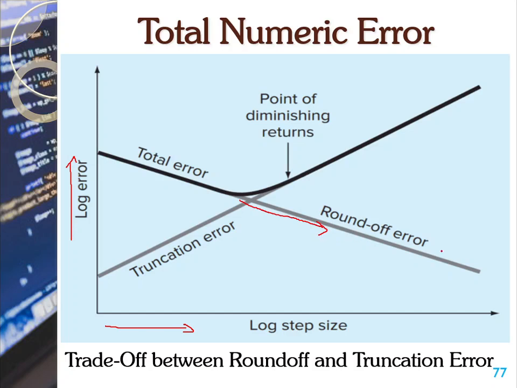In that case, we'll decrease our roundoff error. However, if we increase our step size, it's also increasing our truncation error. So in attempting to reduce one, we also increase the other. So what we try to do is to find a point of diminishing returns where the effect of the one would balance out the other.